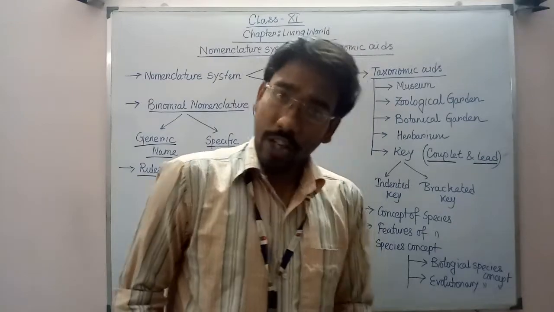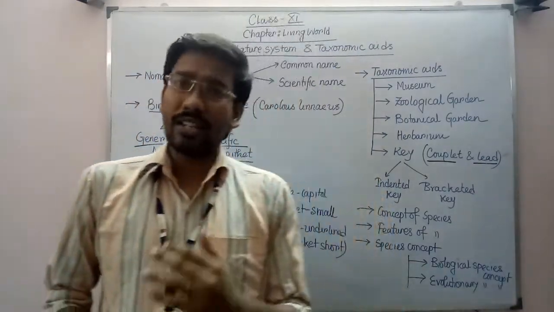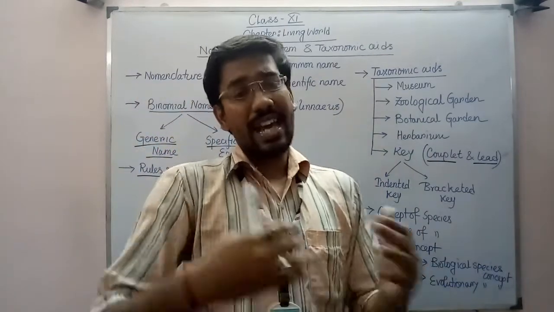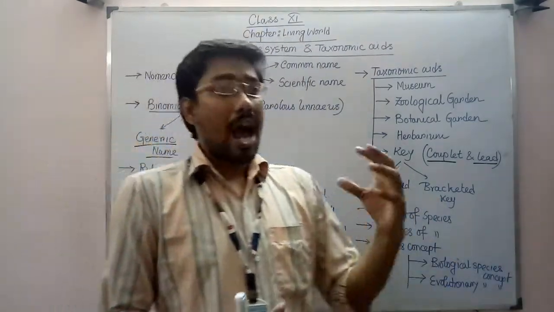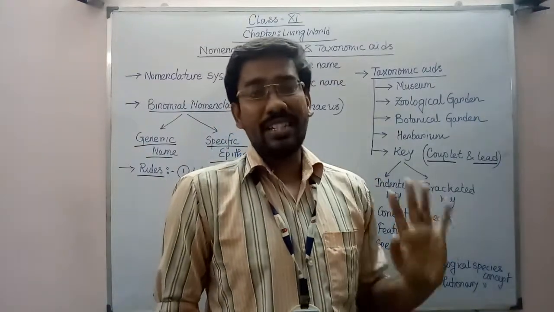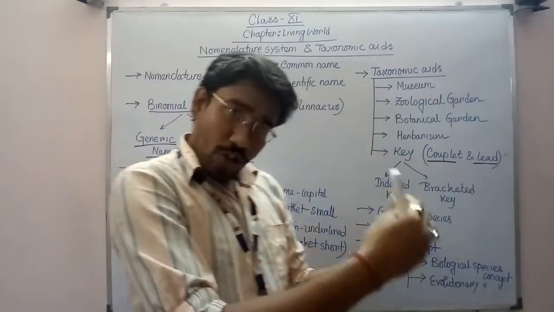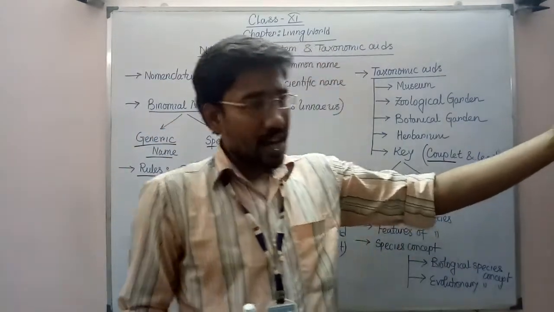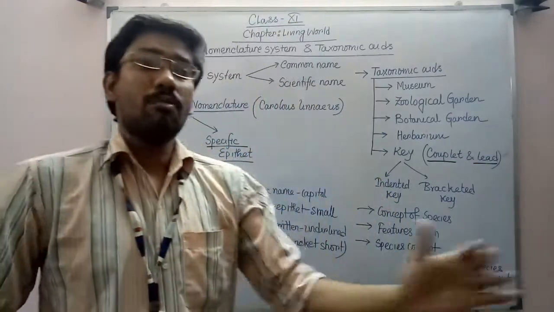But what is the evolutionary species concept? The evolutionary species concept is the concept where it has been told that the existing individuals of any species will show some similarities as well as dissimilarities from the extinct or previously existing ones. So in an evolutionary process, from the extinct organism, the newly developed advanced existing organism has come.